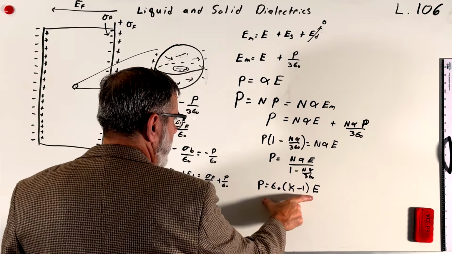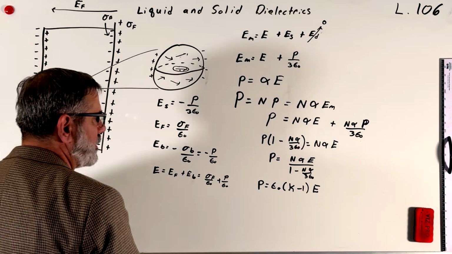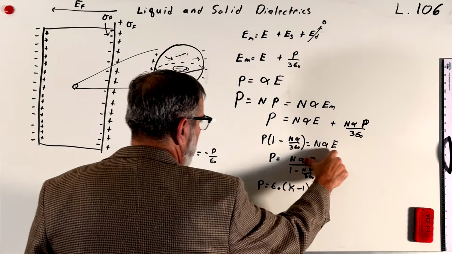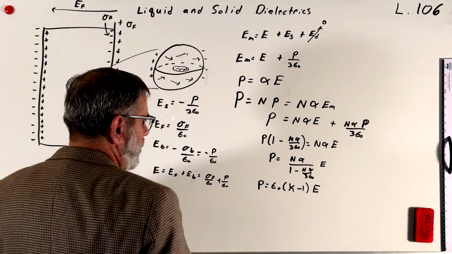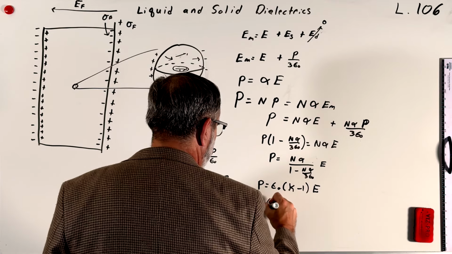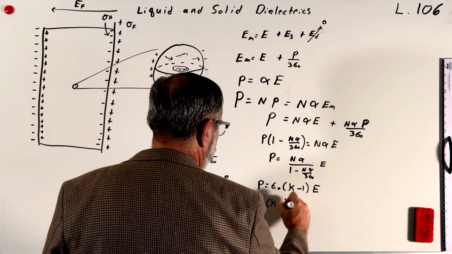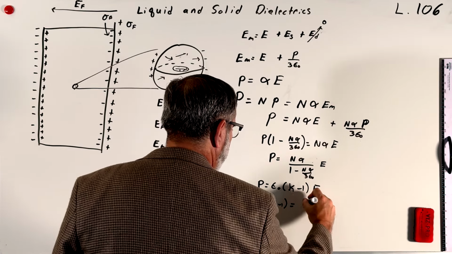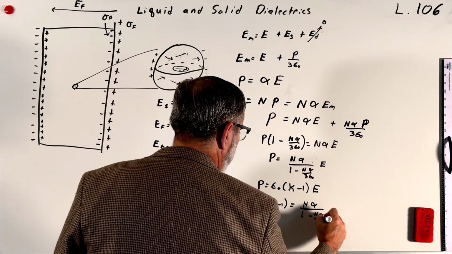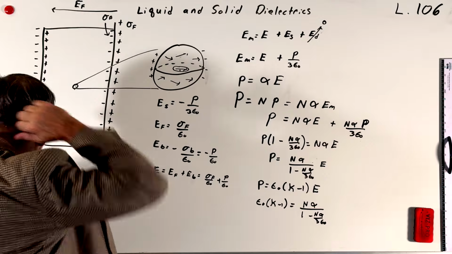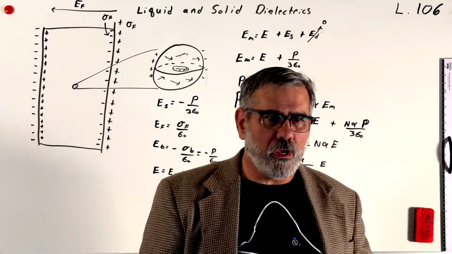So if we compare this expression for the dipole moment per unit volume with the other one, we see that epsilon naught times (kappa minus 1) should be equal to N alpha over (1 minus N alpha over 3 epsilon naught). And this is known as the Clausius-Mossotti relationship.